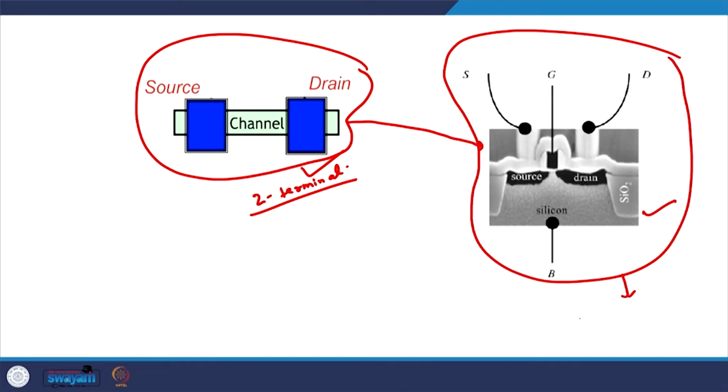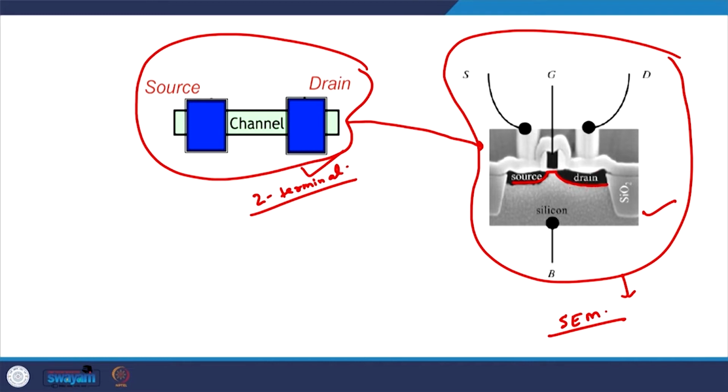This is the actual scanning electron microscopic image of the MOSFET. This is how it actually looks like, and as you might have already noticed, and I highlighted this in the last class as well, the channel region in an actual device is extremely small as compared to the source and the drain regions.